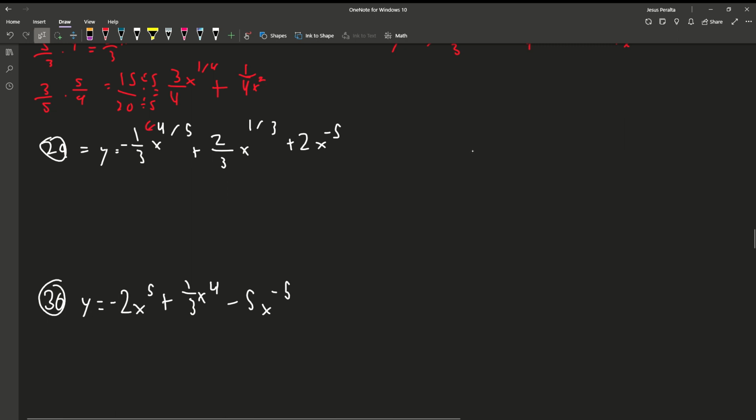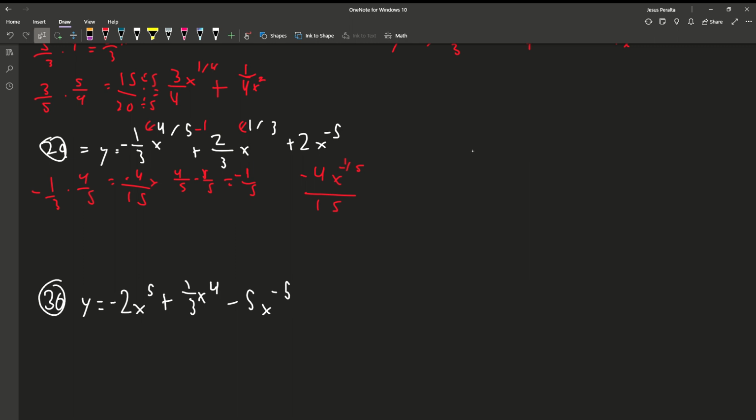29. Multiply that. That's the same thing as saying 1 over 3 times 4 over 5, which is negative 4 over 15. Can't simplify that. You get x. Subtract this by 1. That's the same thing as saying 4 over 5 minus 5 over 5. And that's negative 1 over 5. So that's negative 4x to the power of negative 1 over 5 over 15. It's the first part right here.